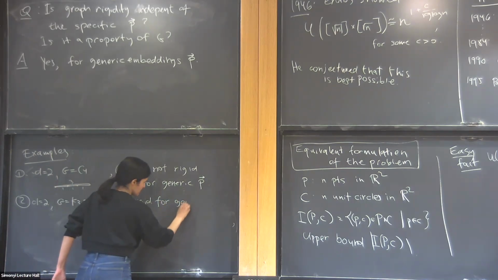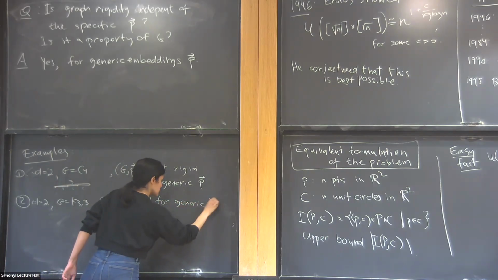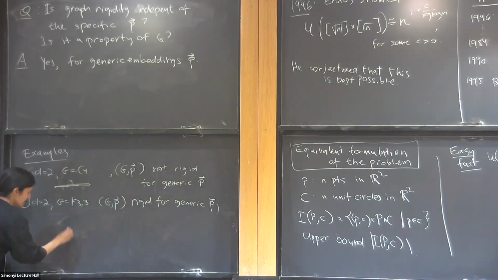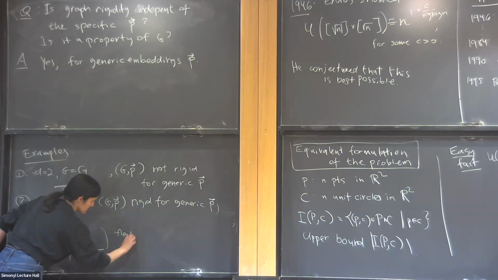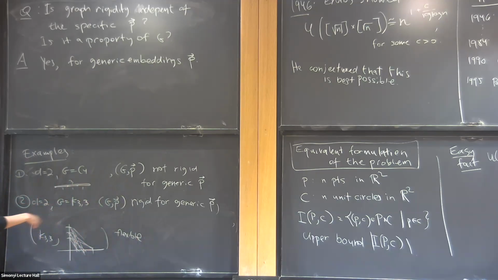But if this is the embedding, with points lying on two orthogonal lines and the edges all crossing here, then this embedding of K33 is flexible. I can write down the formula for how to move the vertices to get a continuous motion. It's not hard to find.